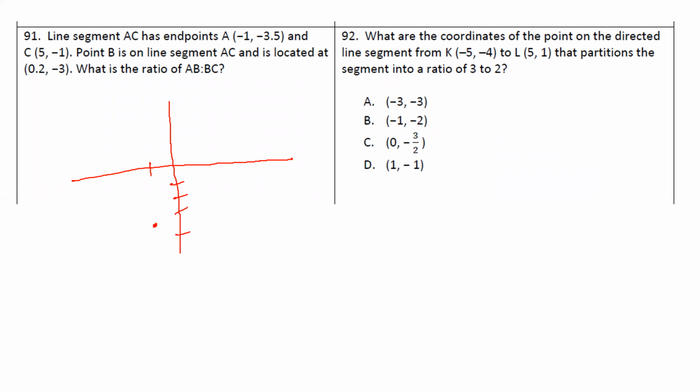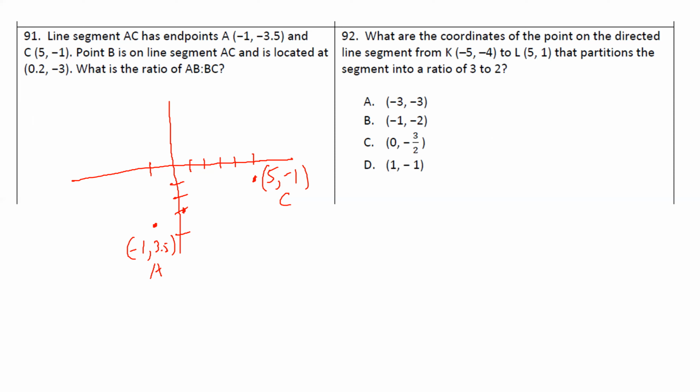Right in the middle. -1, 3, 5. And then we have C, which was at 5, -1. 1, 2, 3, 4, 5. This is A. This is 5, -1, and that is C. And then B is on the line segment and is located at 0.2 and -3. So we're at about here.